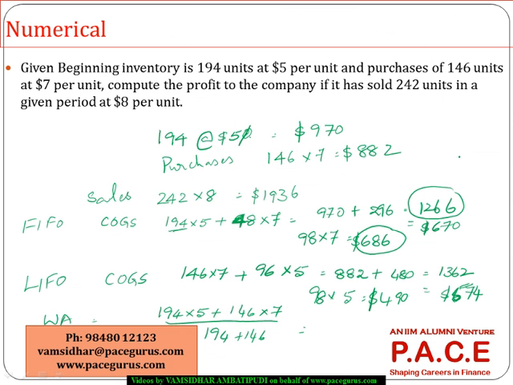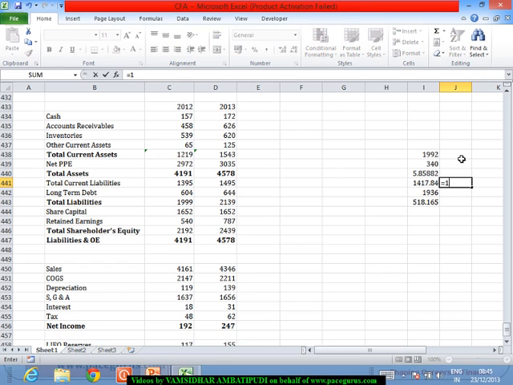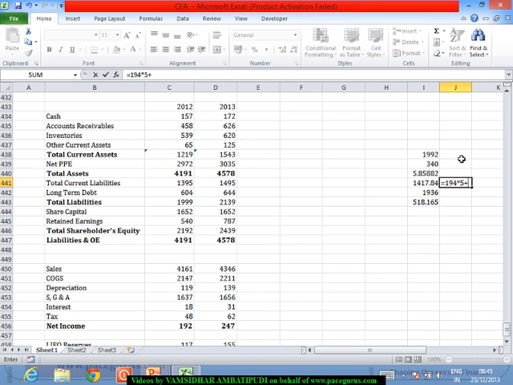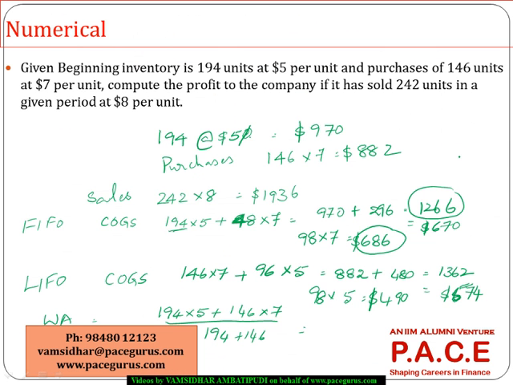The FIFO method cost of goods sold is 194 items at 5 plus 48 items at 7. So the cost of goods sold is 1306. Somewhere I made a mistake.